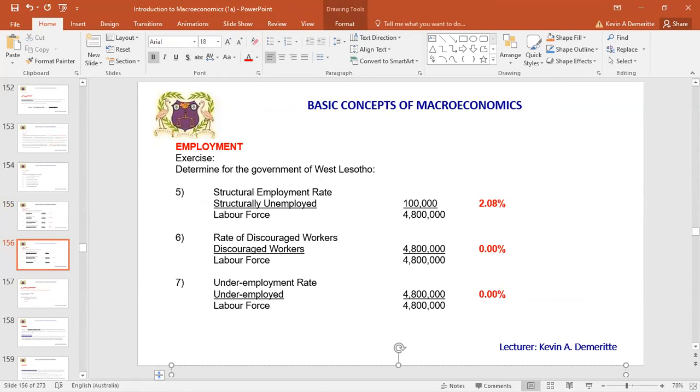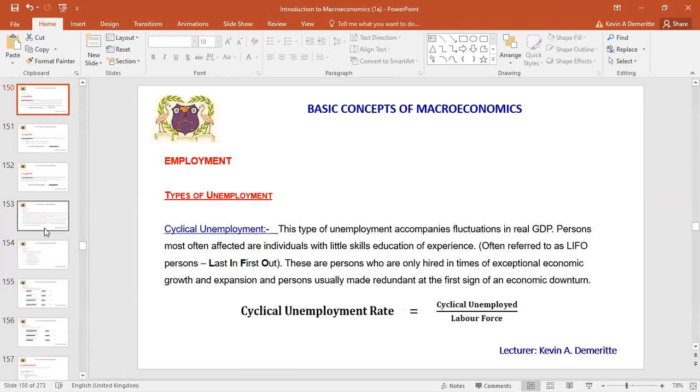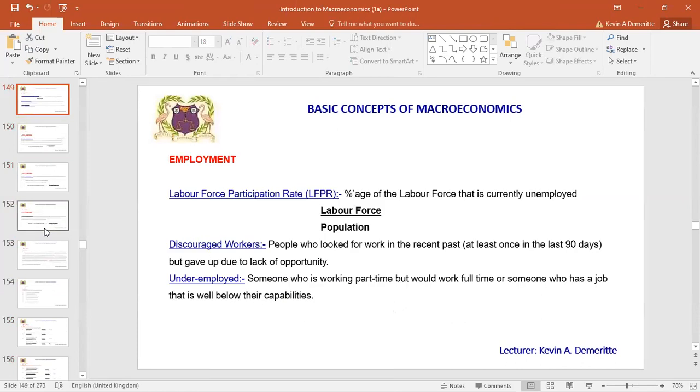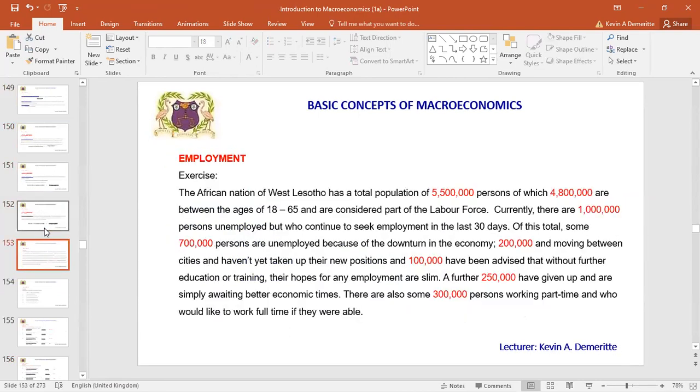Okay, so what about our discouraged workers? We say the calculation is discouraged workers divided by labor force. What is our definition of a discouraged worker? Let's go back to our notes. A discouraged worker, we said, is someone who looked for work in the recent past but gave up due to lack of opportunity. Let's go to our scenario and see if anyone fits that description.